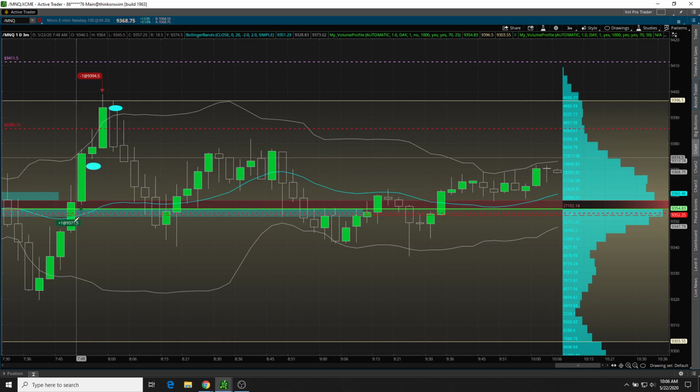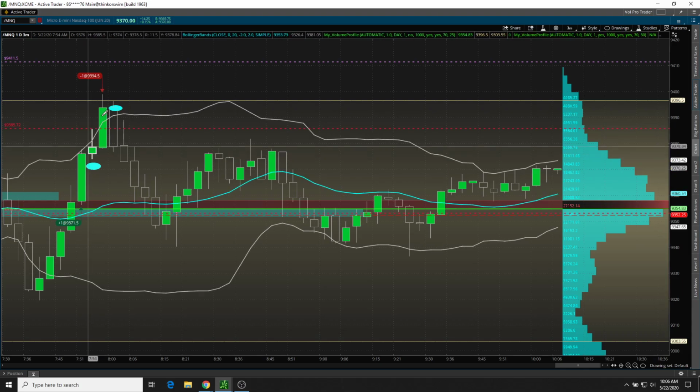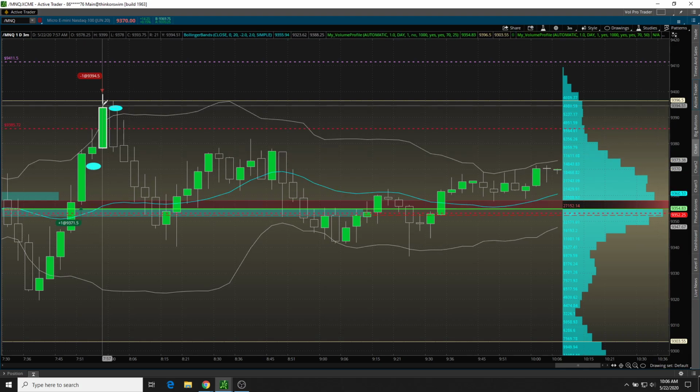And what you want to see when you're using Bollinger Bands is that when you're long, you want to see price pushing up against these Bollinger Bands and closing at the Bollinger Band or closing outside of the Bollinger Band. Eventually, you'll hit a point of exhaustion where you need to close your position because you should expect a reversal.